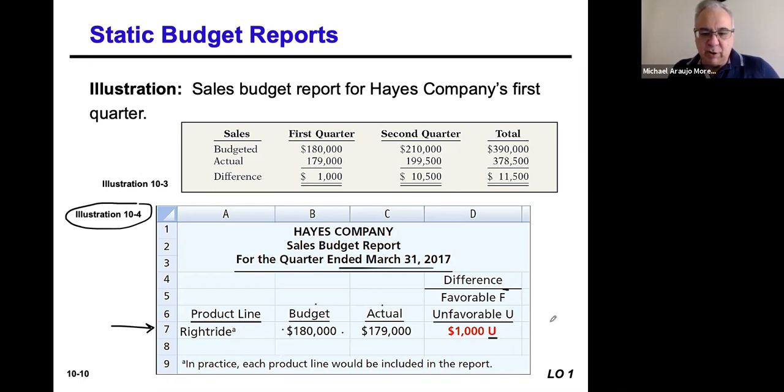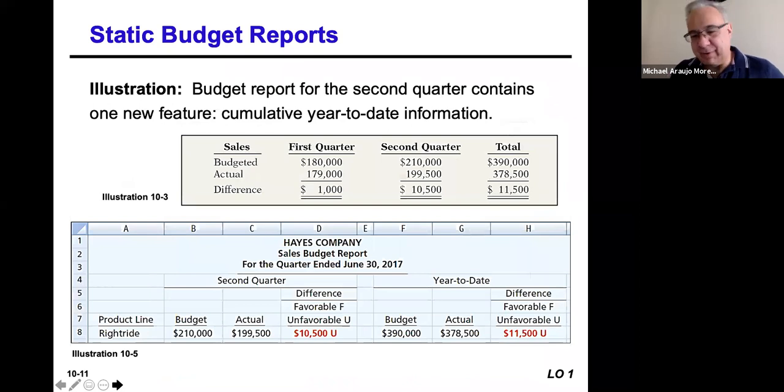So a $1,000 unfavorable difference is going to be reported here. And that's important to know. I know it looks like an F and a U, and you can play with that, but it's unfavorable. You don't tell your boss, it's either an F or a U. Well, I guess you could, but you're not going to work there anymore. In the second quarter results for the Rightride, we had budgeted 210. We actually sold 199.5.